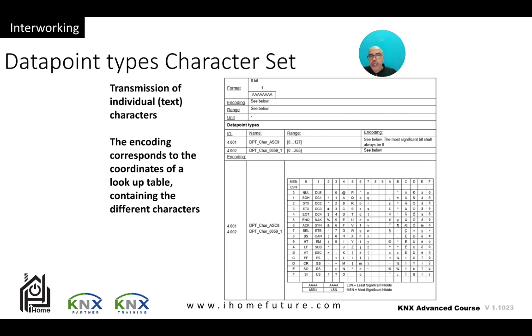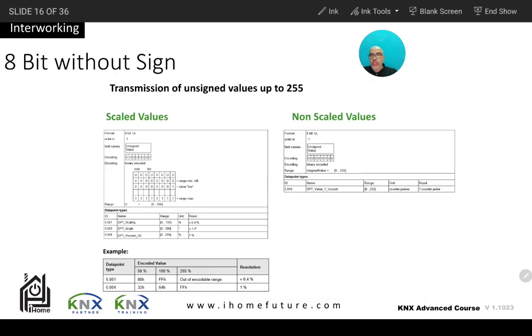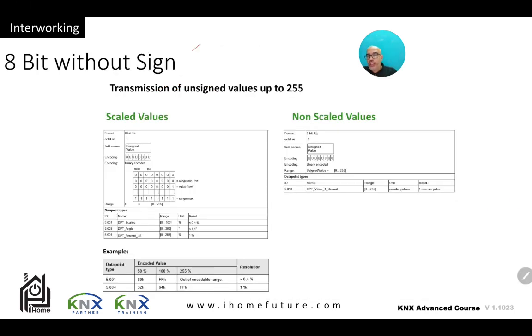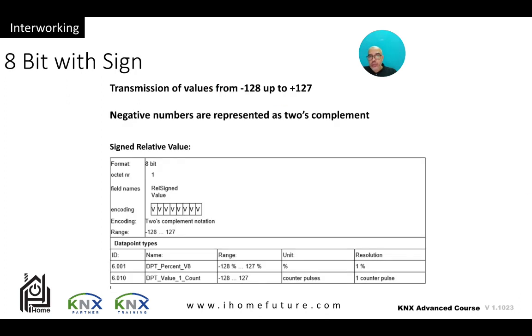Different data bytes. I can also have data bytes for sending text. This is 1 byte. I can have data bytes which are 8-bit without sign. In this way I can have 255 valid data values. If I put a sign, meaning I want to send a minus or a positive, then the range will be smaller, because 1 bit is now assigned for the sign.